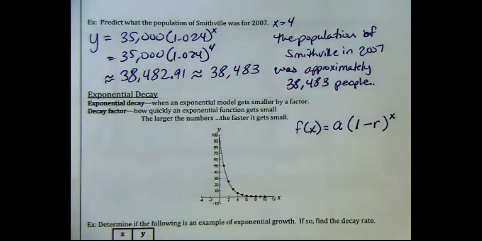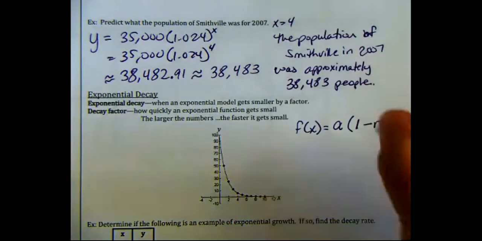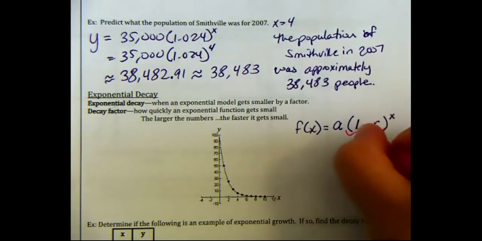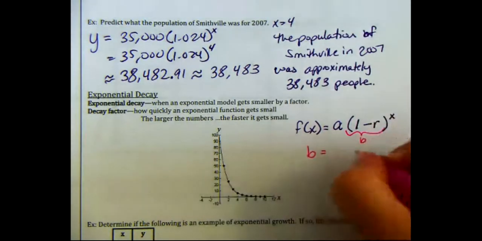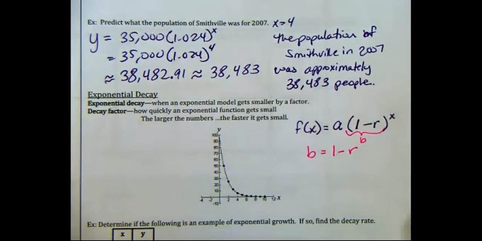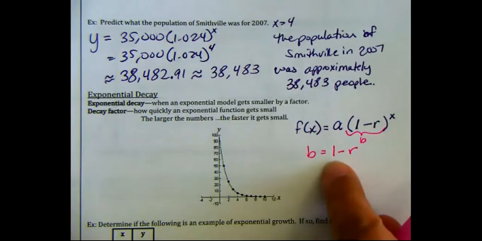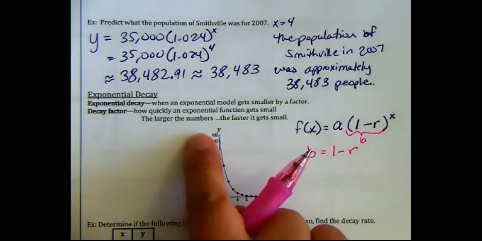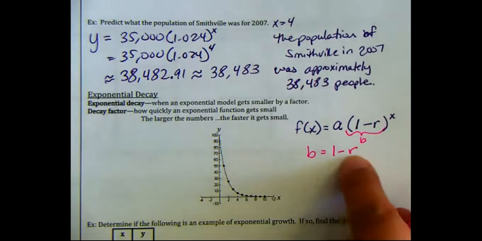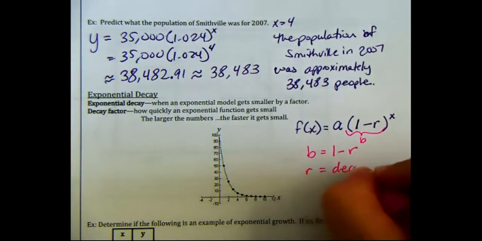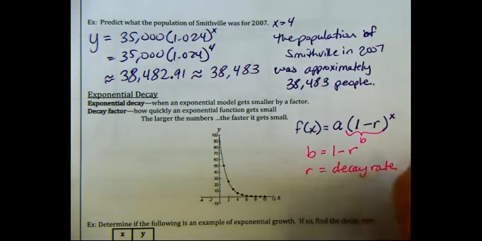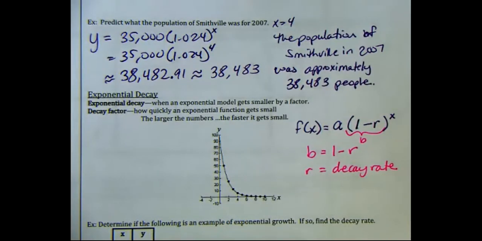So our B in this situation is 1 minus R, where 1 again accounts for your starting amount, your initial amount. The minus R, right? R is your decay rate, or your rate of decay.